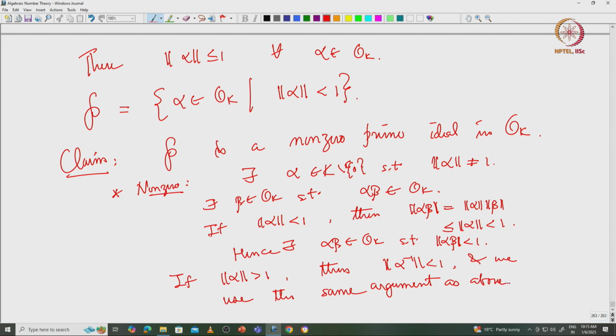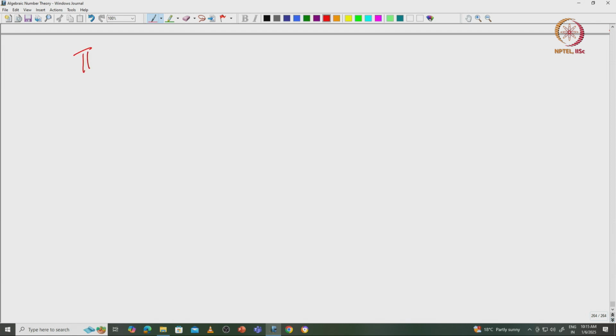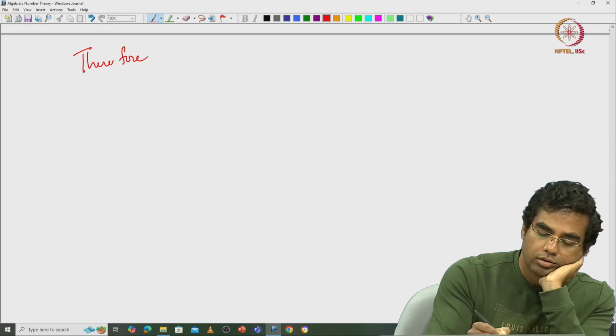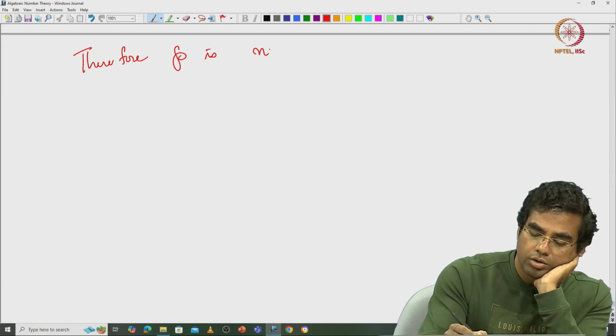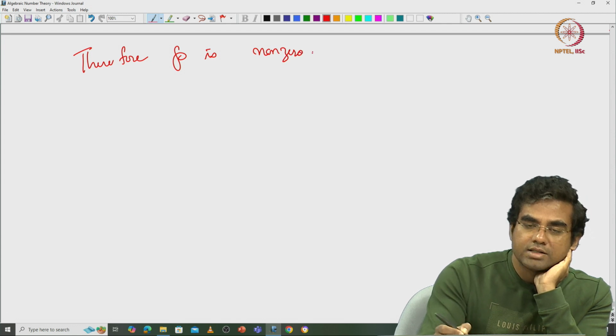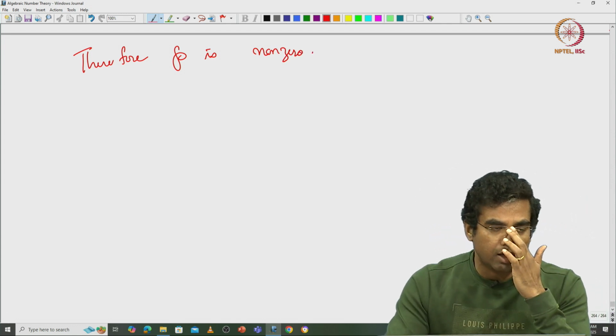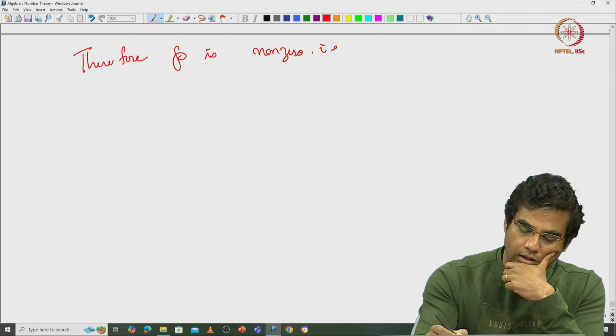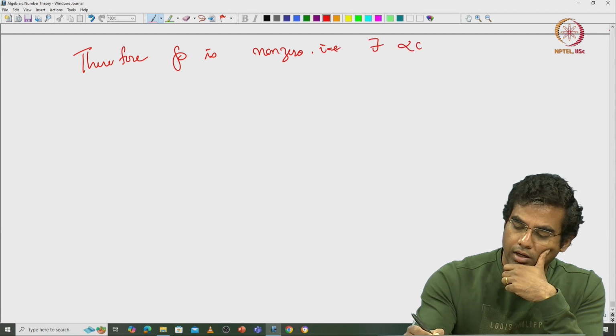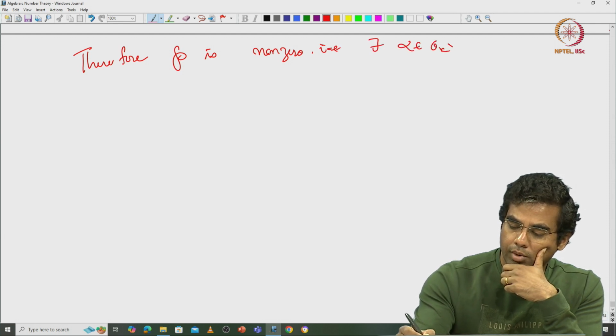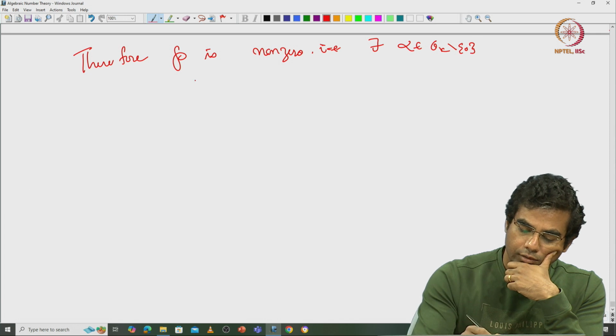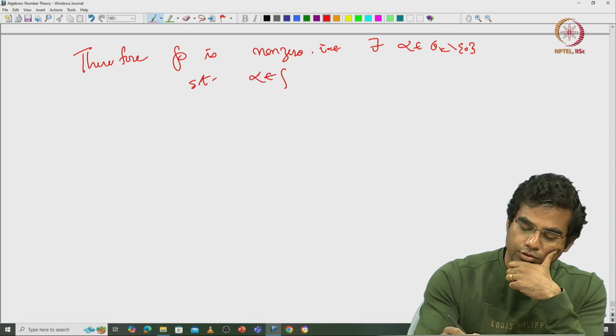Okay, so hence P is non-zero, which means that as a set P is non-zero. 0 is there, but there exists alpha in OK minus 0 such that alpha is also in P.